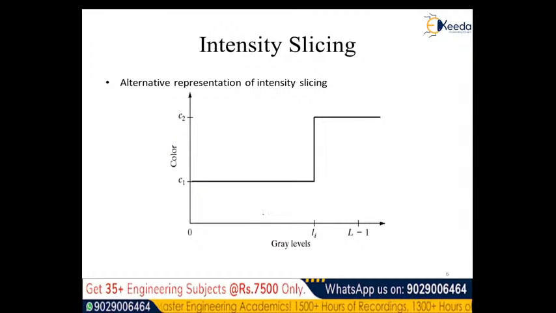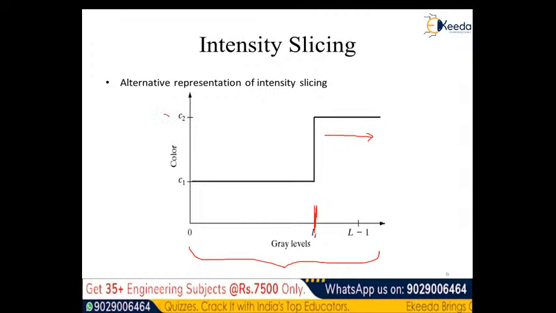So we have the two levels separated from this particular gray level, represented here as small l suffix i, the ith gray level from the range 0 to capital L minus 1. On the right hand side, we have the assignment of the color shown by C2. On the left hand side, we have the assignment of the color shown by C1 here.